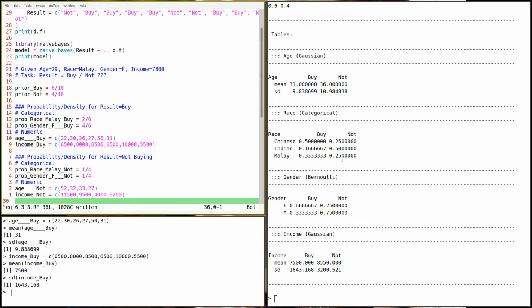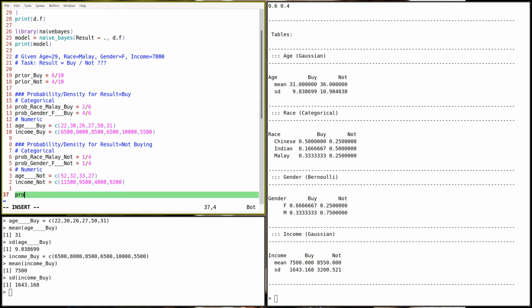So this is basically the same. After we have keyed all these things, we want to find the probability, right? So what is the posterior probability of buying?